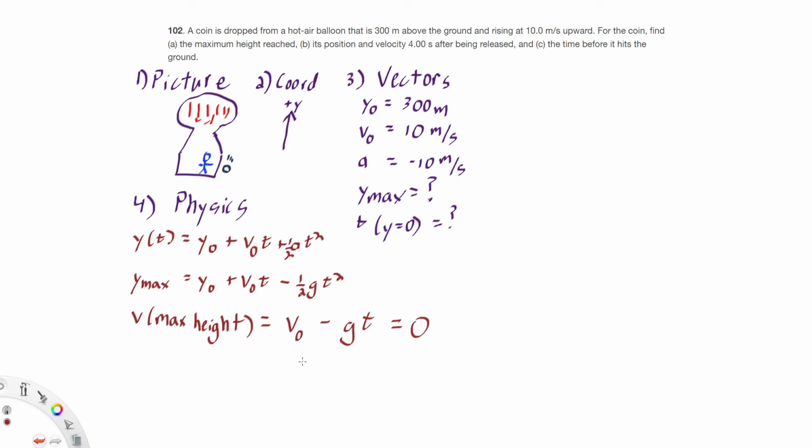And this lets us solve for how much time it takes to get to our maximum height. Okay.